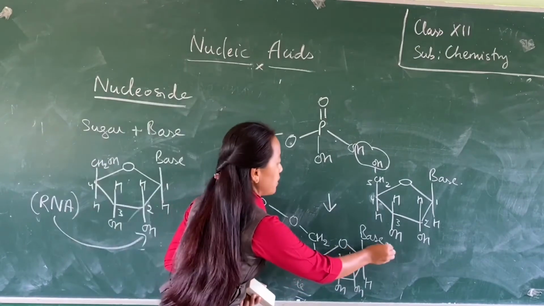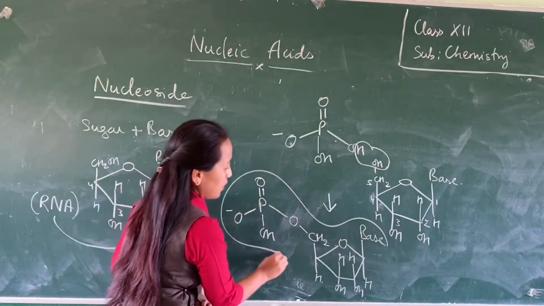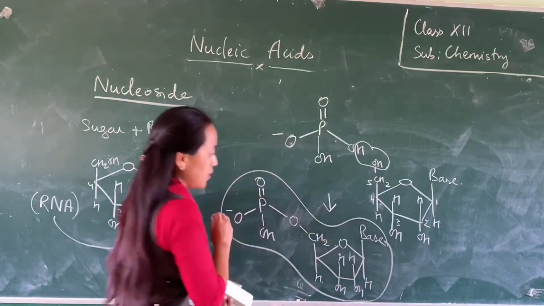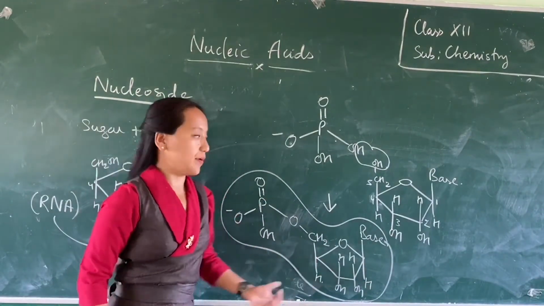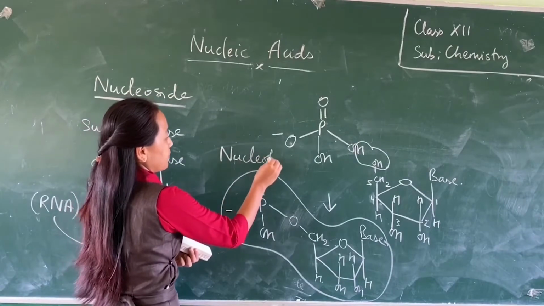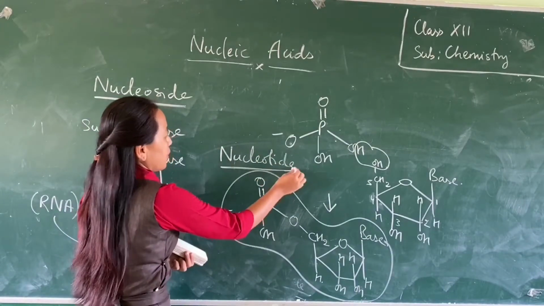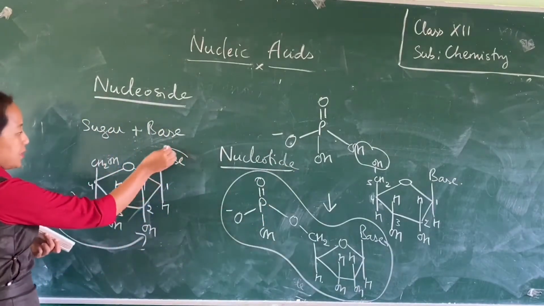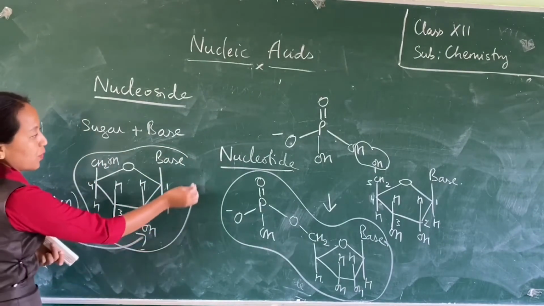Now these three are together. When these three are together, it is called a nucleotide. Whereas in the case of a nucleoside, it is only the base and the sugar component.